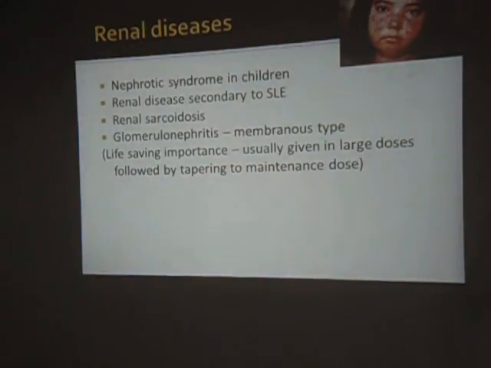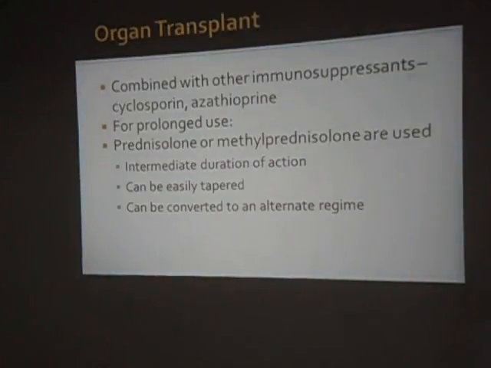Nephrotic syndrome, renal disease secondary to SLE, systemic lupus erythematosus, renal sarcoidosis, and glomerulonephritis. We can use these drugs in organ transplant combined with other immunomodulatory agents such as cyclosporin and azathioprine.